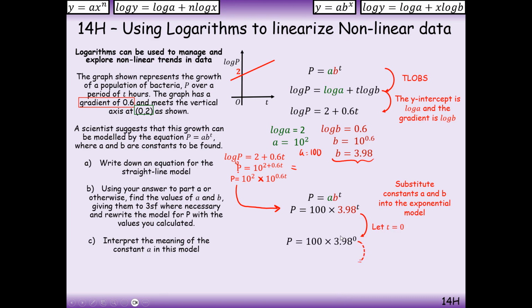So therefore, a is the initial value of the population. So the initial bacterial population is 100, rather than 2, because 2 is the log of p, so the actual value of the population is this value, not log p.